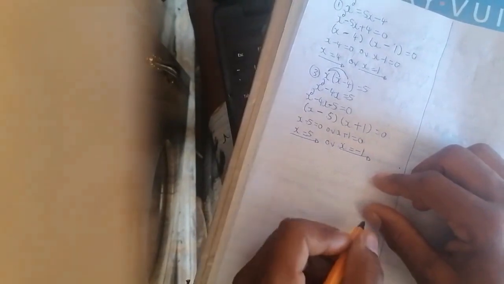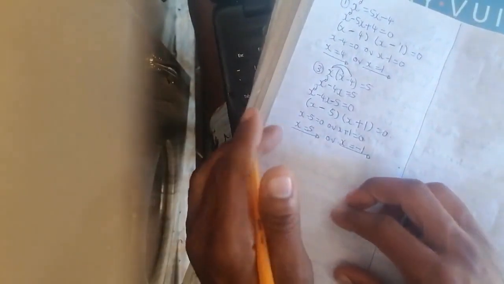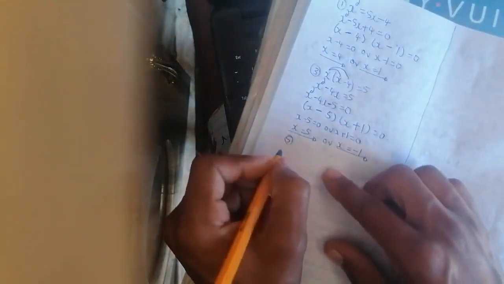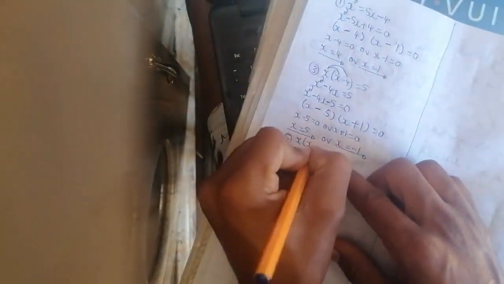So thus far we have been fortunate to deal with the problems that one can be able to solve. There are some, of course, which are not as easy as these ones, but let us continue to move. Now let's look at the 5th one. x into x minus 1 is equals to 30.